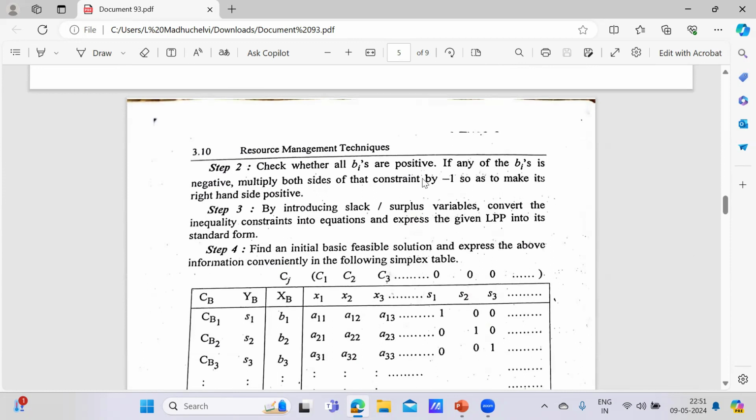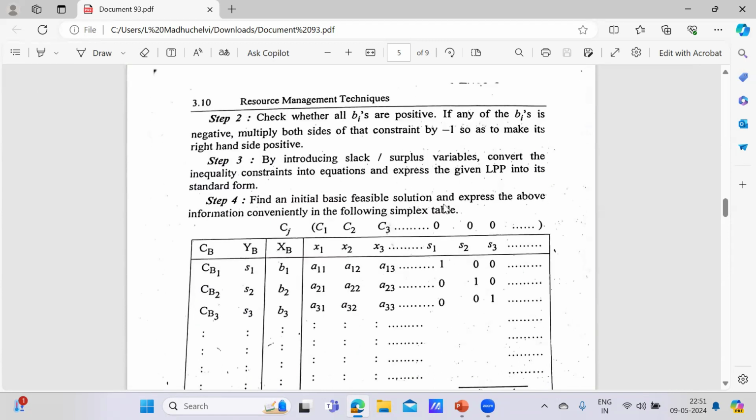If any one of the bi is negative, multiply both sides of that constraint by -1 so as to make its right-hand side positive. Step 3, by introducing slack or surplus variables, convert the inequality constraints into equations and express the given LPP into its standard form.